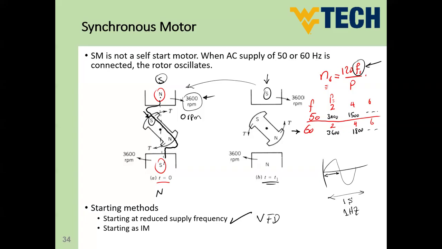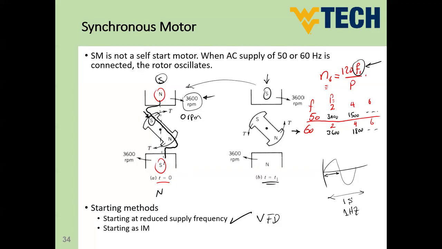Once the poles are aligned, the stator flux catches the rotor. In this case, you can increase the frequency because there is zero relative speed between both of them, so it can rotate even at very high speed. It's like, guys, if you would like to catch a bus.